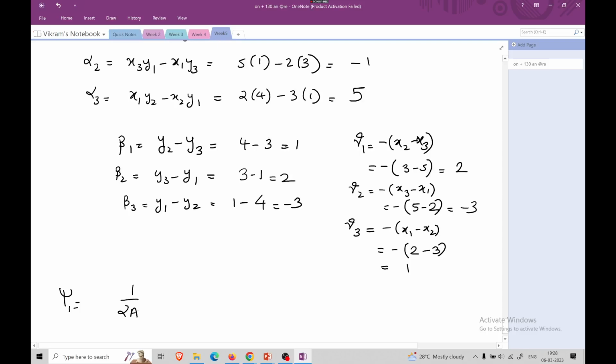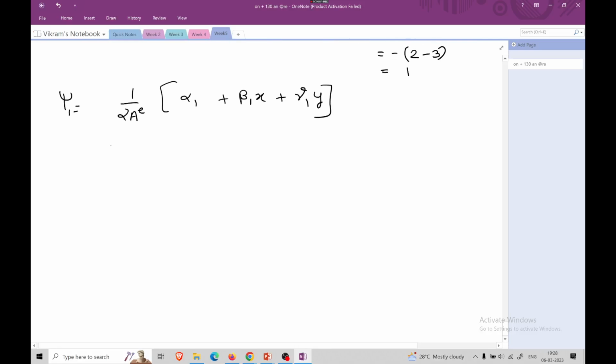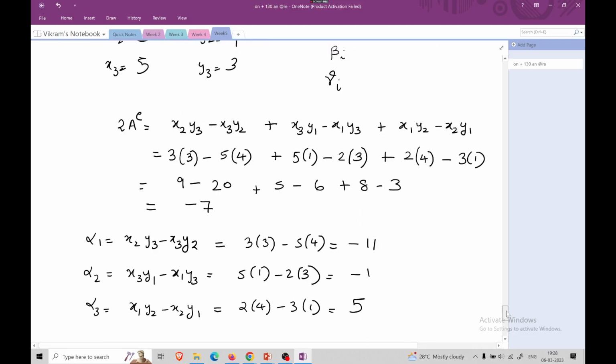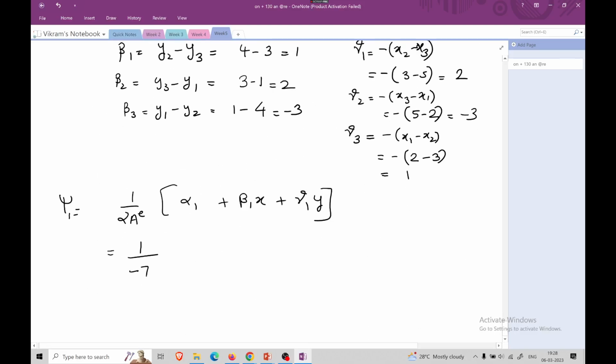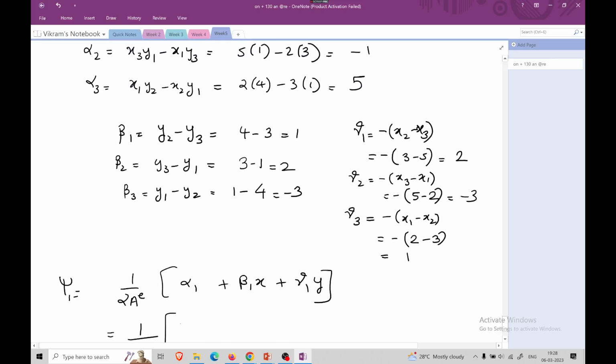Psi 1 is 1 by 2ae times alpha 1 plus beta 1 x plus gamma 1 y. So 1 by, what is 2ae? We just saw, no? Minus 7 it was, I think. Yes, minus 7, alpha 1 minus 11, beta 1 x plus gamma 1 y.